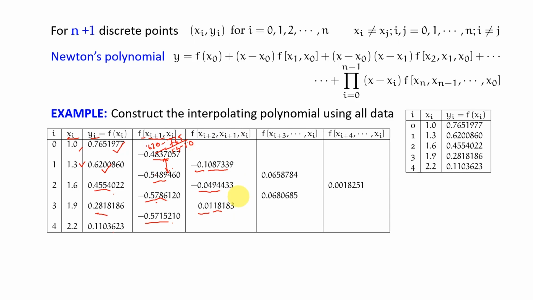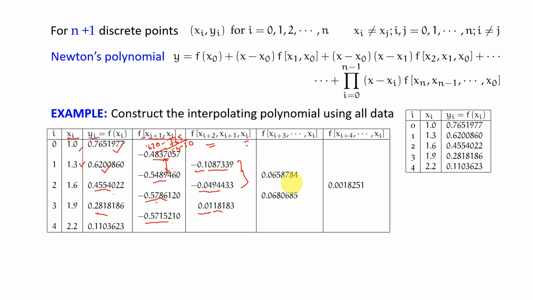Once my second finite difference is done, I go to the next column in my table, the third finite difference. Here I take the first two and take the difference from xi to xi plus 2. Similarly, I take the second two, 0.049 and 0.011, and once again take the difference over xi to xi plus 2.